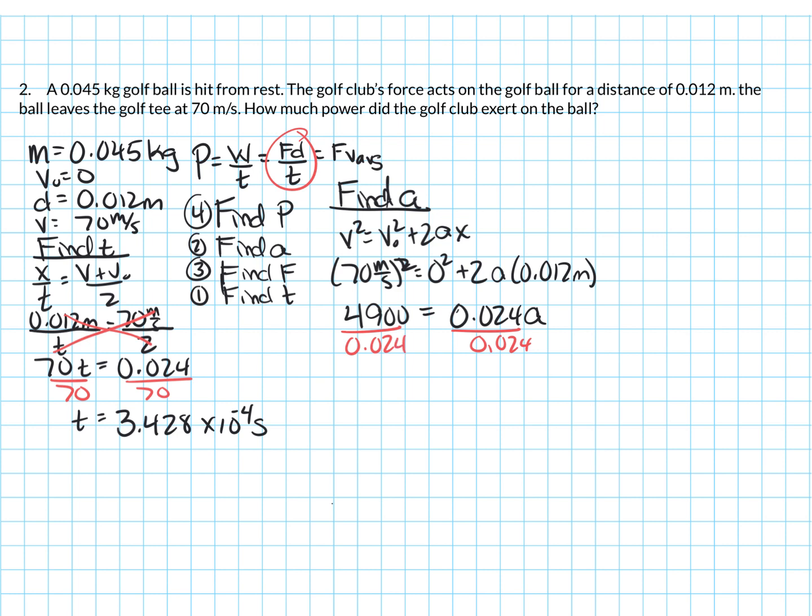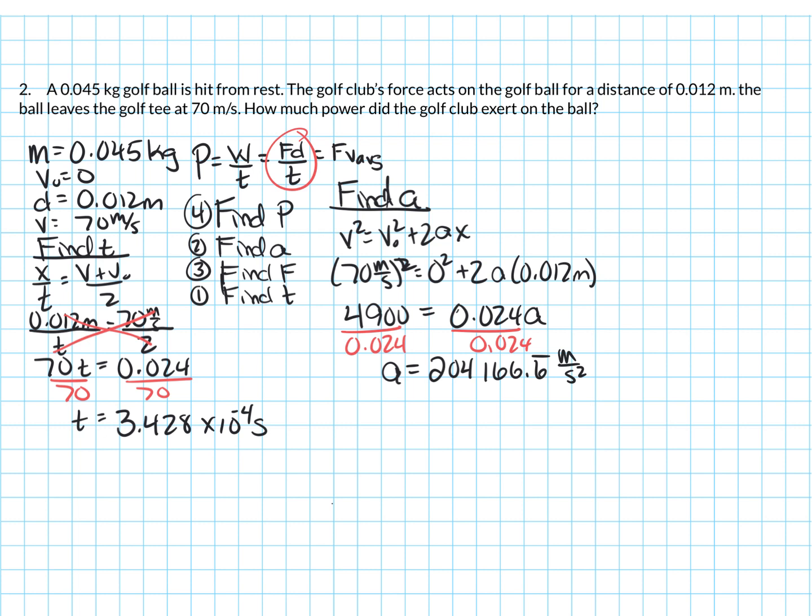And that's going to give me an acceleration, which is really big, of 204,166.6 repeating meters per second squared. Big acceleration. Fortunately, it doesn't act for very much distance or very much time. So that's really good, but that's a big acceleration.